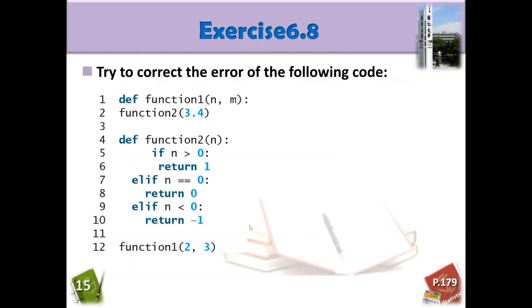Okay. So this is the exercise. We can try to do the exercise. Try to correct the error of the following code. So what's wrong? First, this is the definition of function 1, right? So function 1 can't be without a body, right? And then we just call function 2 here.